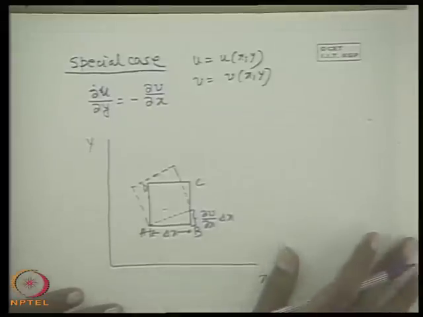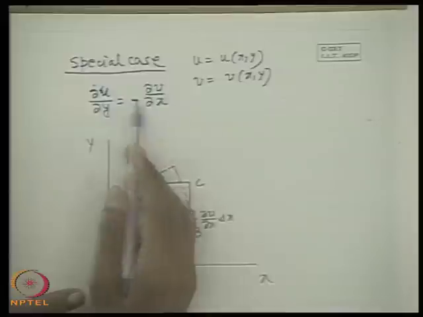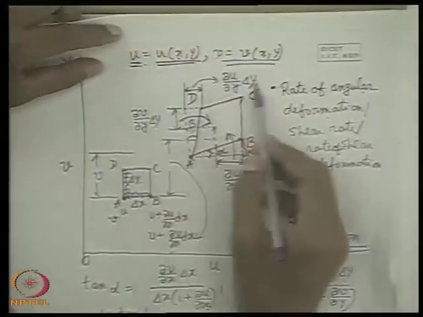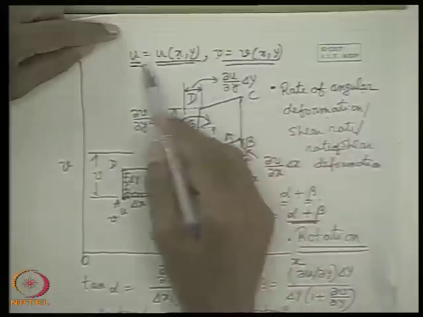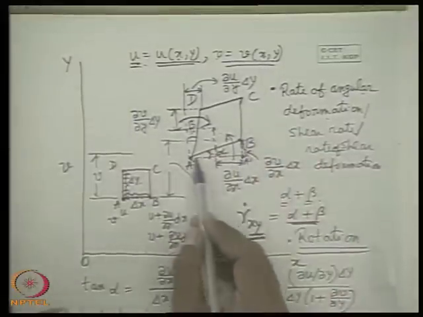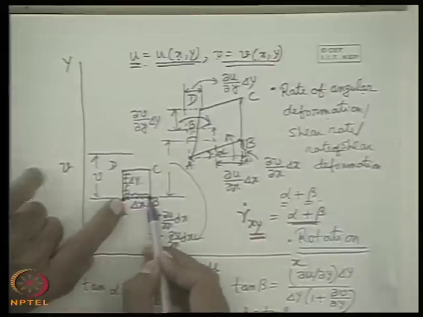Now, I want to show that del v del x and del u del y are the same in magnitude with opposite sign. Earlier, what we did? We considered del v del x and del u del y in the same direction, same sign. Here the del v del x is positive, that means v increases with increase in x.